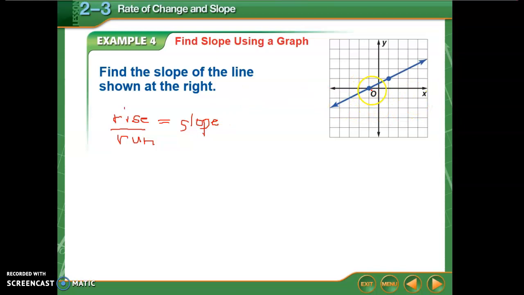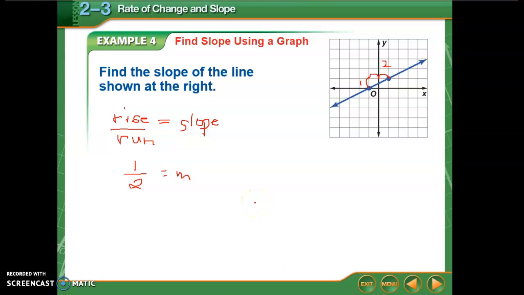So this will be my first point. All I need to do is count. Rise, go up. So that would be 1 over, and then my over is going to the right. So that's going to be positive. So this is 1 positive, up means positive. And then to the right, 1, 2, that's also positive. So 1 over 2. That is your slope of the line.